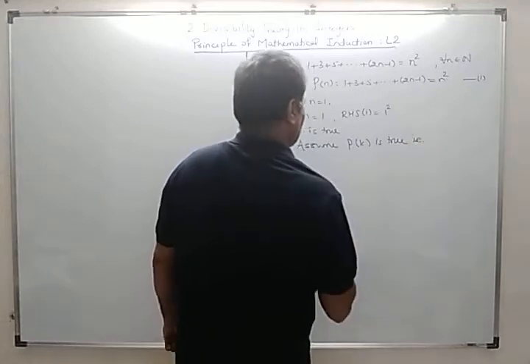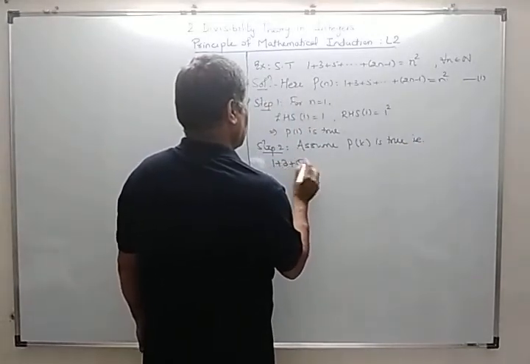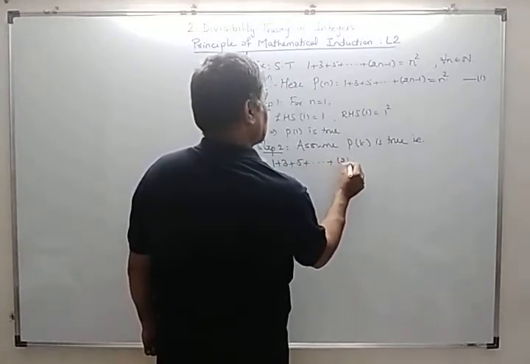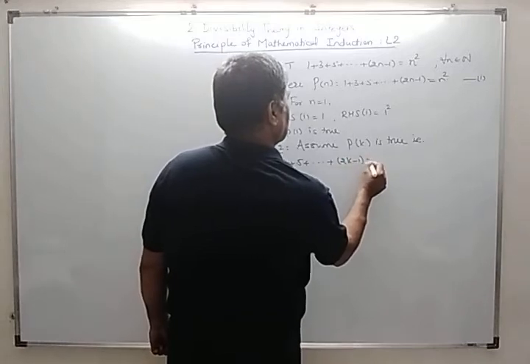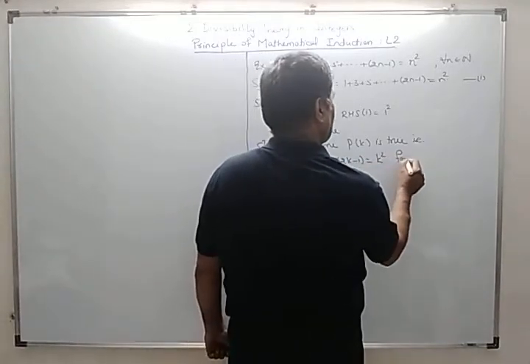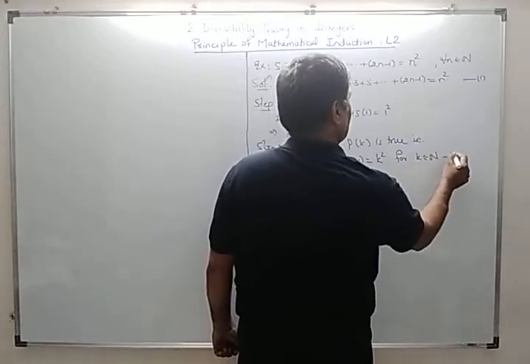That is, 1 plus 3 plus 5 plus dot up to, just replace n by k there, 2k minus 1 is equal to k square, for k belongs to N. Okay.